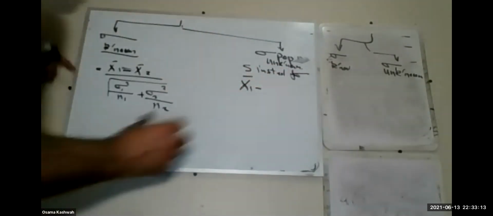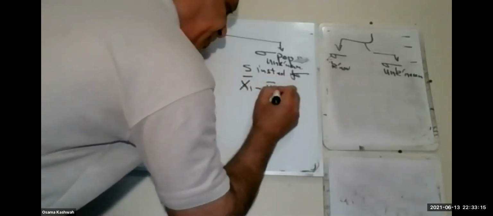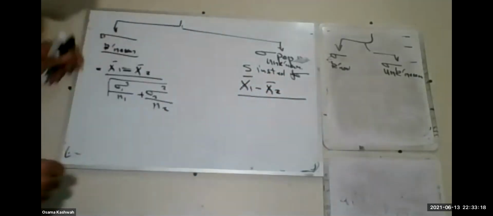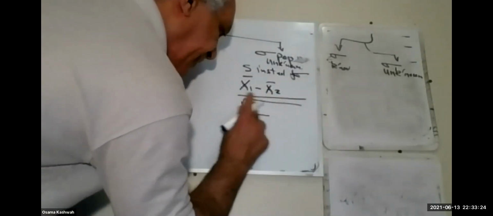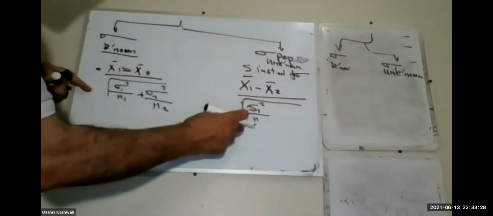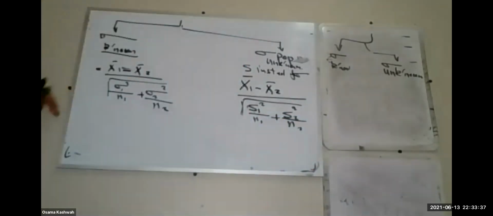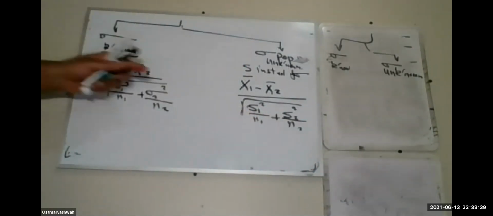So it will be x bar 1 minus x bar 2 divided by the square root of S1 squared divided by n1, because I'm working on the sample standard deviation, plus S2 squared divided by n2. This will be the rule.